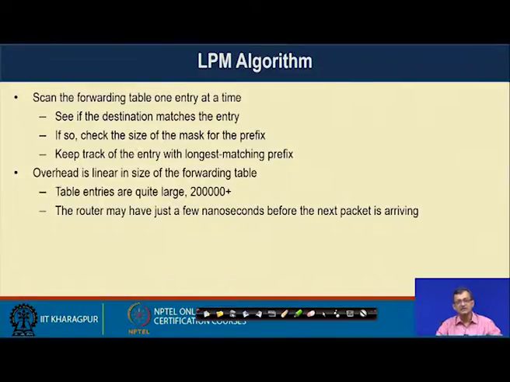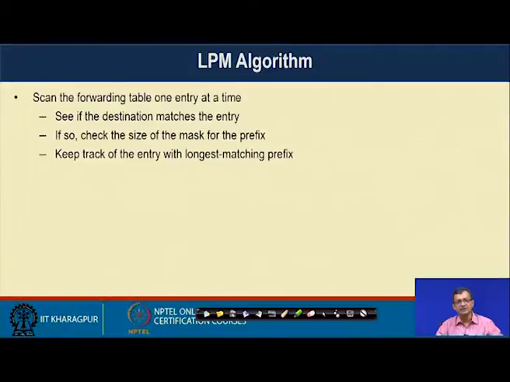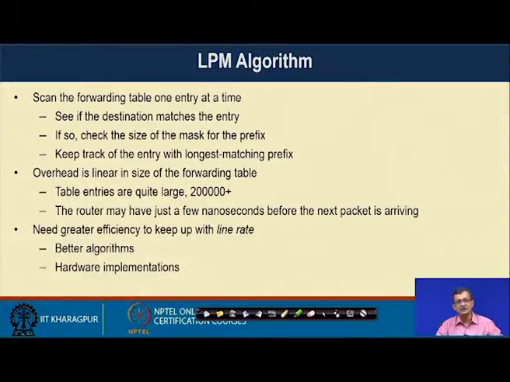Now, the longest prefix match algorithm may be simple or complicated, but there is a major challenge, because the lookup itself takes a major amount of time. The router may have a huge number of entries, and scanning the forwarding table one entry at a time may take a huge time. So it requires a better algorithm.